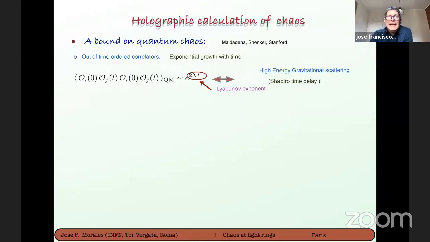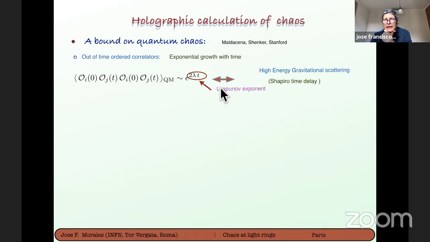Okay, thanks. The second motivation or inspiration for this work comes from the work by Maldacena, Shenker, and Stanford a few years ago, in which they use gravity to study quantum mechanical systems with large numbers of degrees of freedom. In particular, they show how you can compute using gravity the exponential growth with time of generic out-of-time-order correlators.